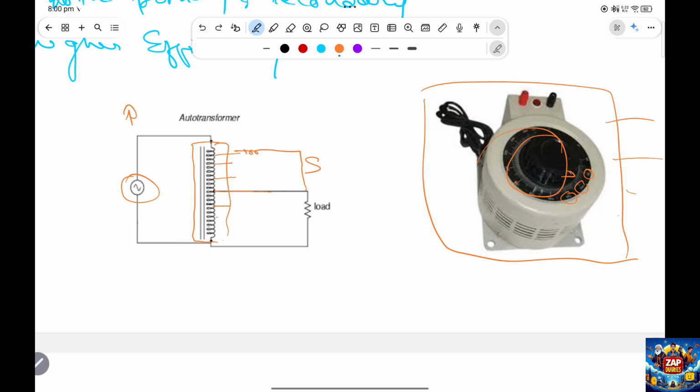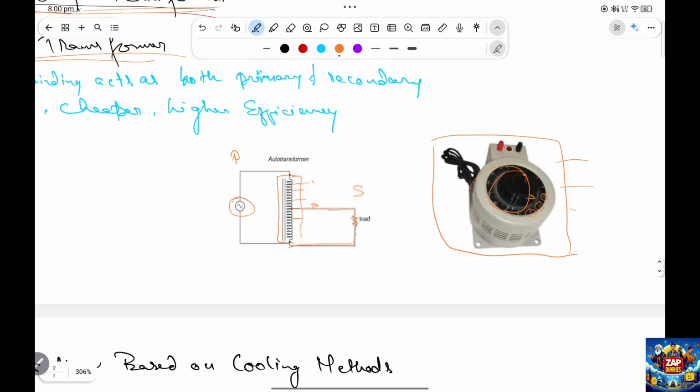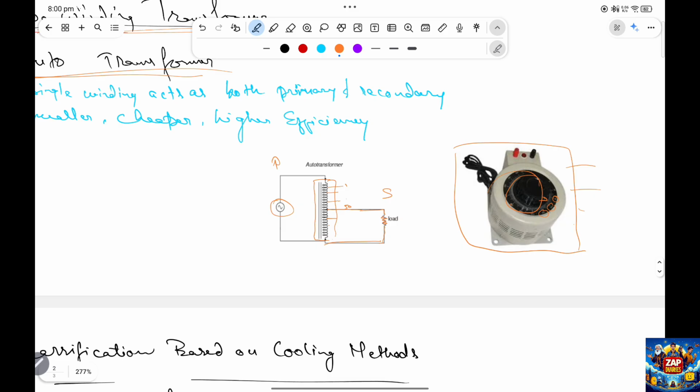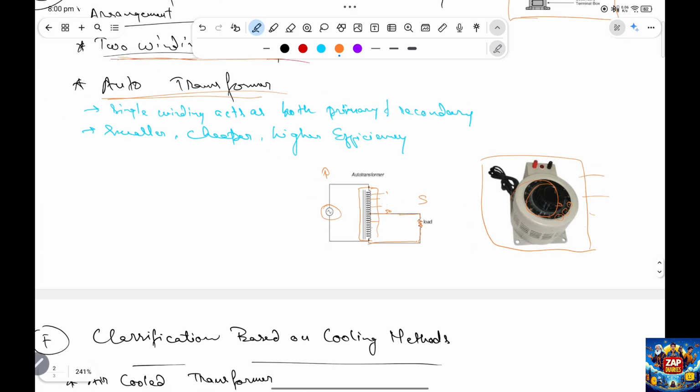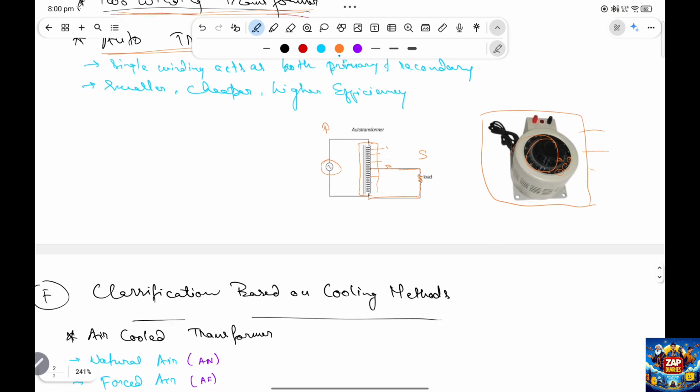If we set it to 50 volts, it will come to here. And this side is from where we take the connection and connect the load. So this is our transformer. Pretty interesting, pretty small, it's cheaper, and the efficiency is higher.